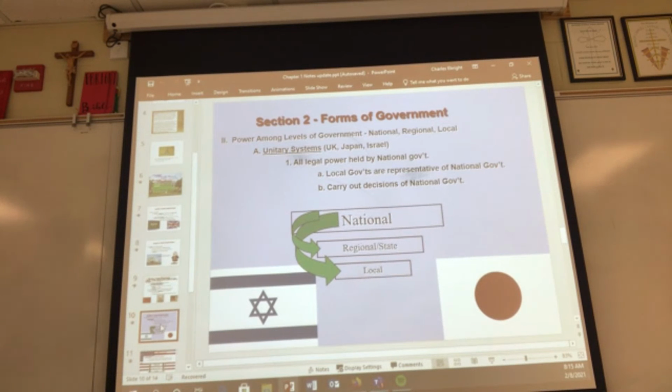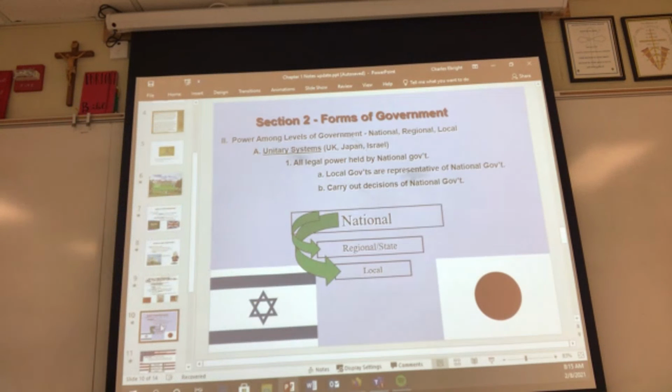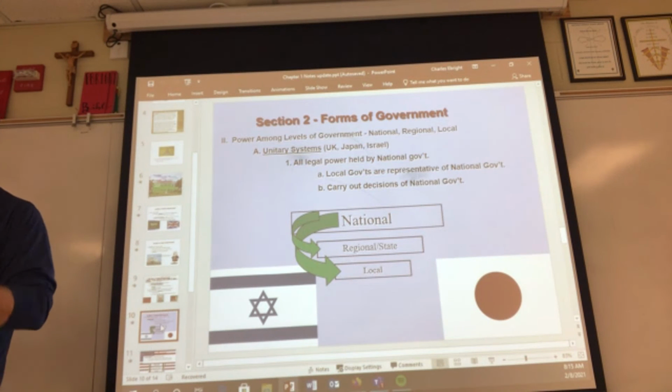We don't want all of our decisions being made at the national level. One size fits all. We're too big of a country, too diverse to have one size fits all. We think differently in different parts of the country. We have different cultures in different parts of the country.